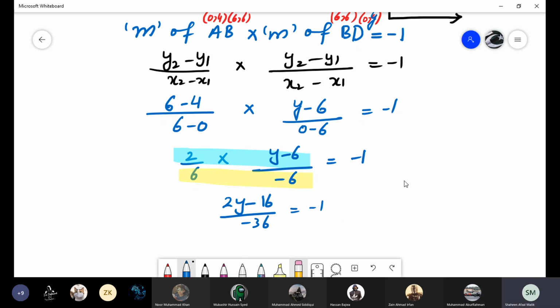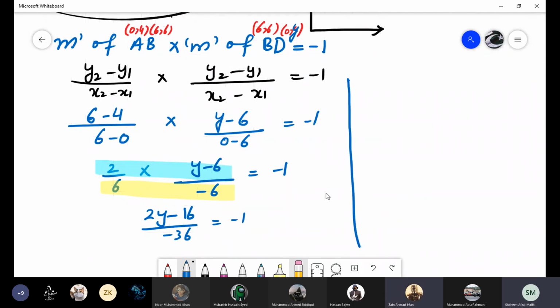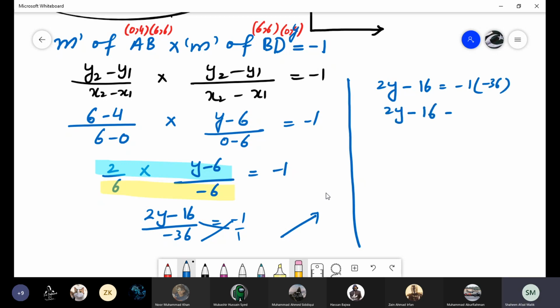Then we do the cross multiplication: 2y minus 12 is equal to -1 into -36, so 2y minus 12 is equal to 36.